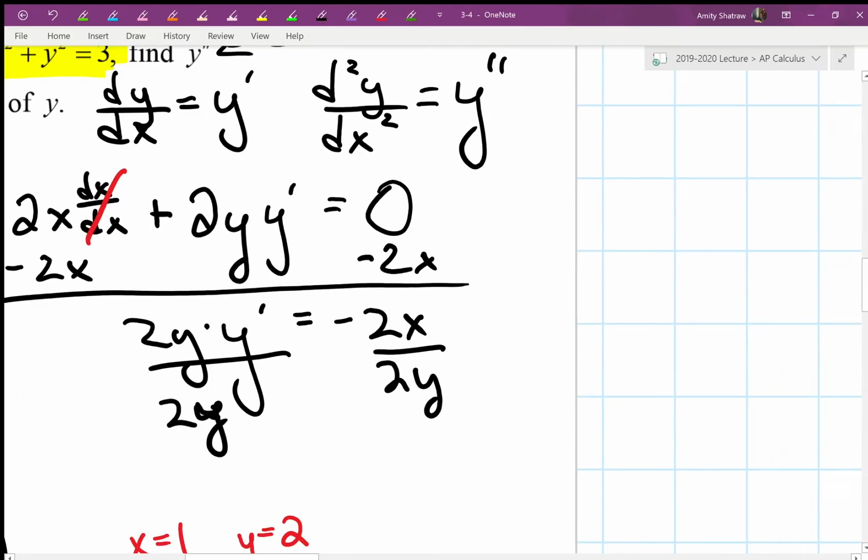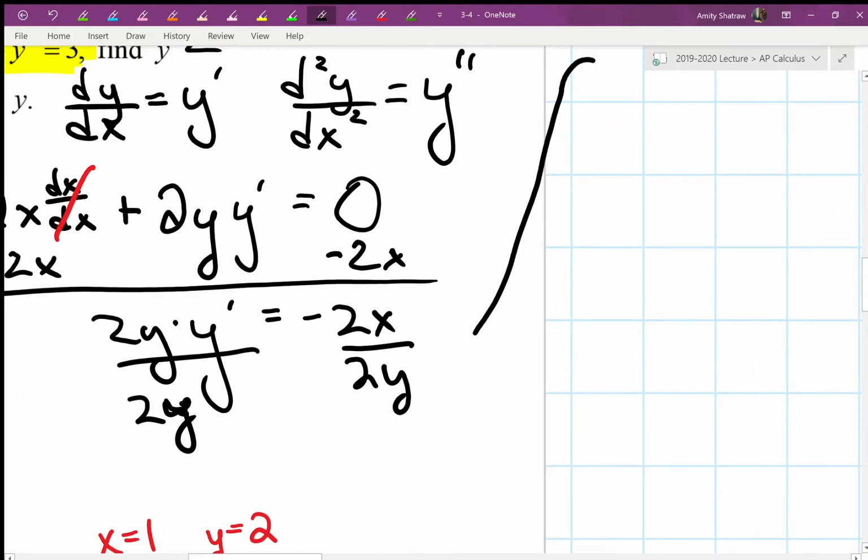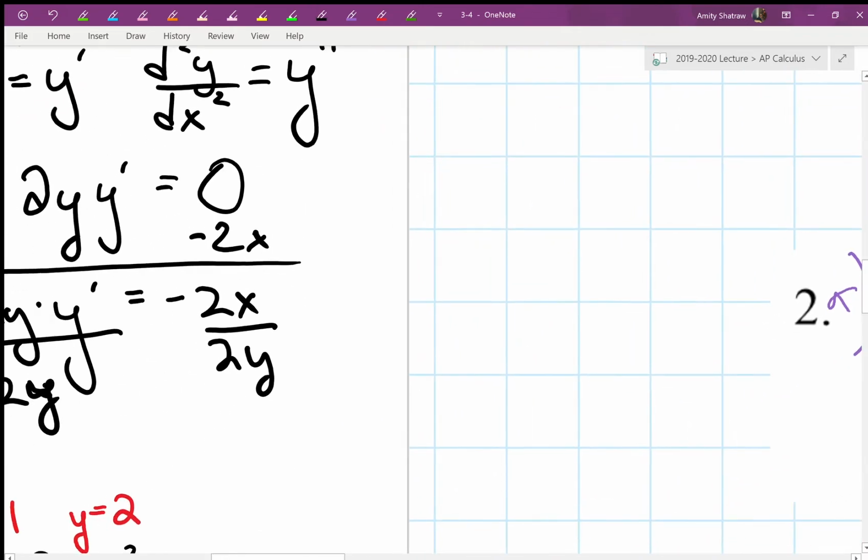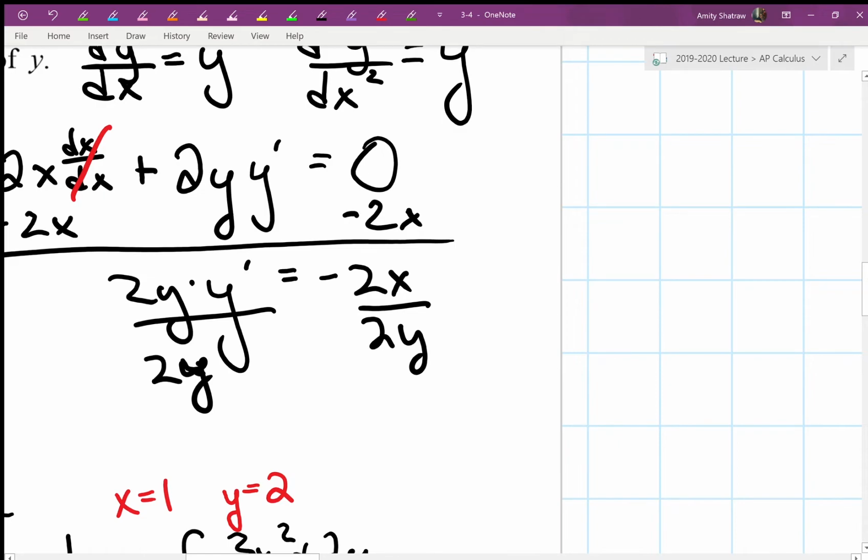And now I can say with all confidence, negative 2 over positive 2 is negative 1, and that makes this negative x over y. So let me write that down here: y prime equals negative x over y.